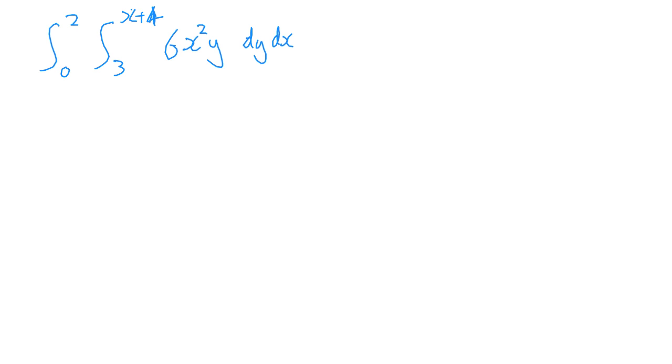So if I integrate this with respect to y first, what do I get? Three x squared y squared, and that will have limits of 3 and x plus 4. So I need to plug that in.